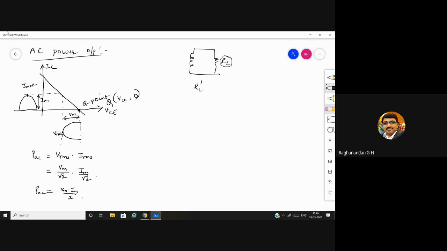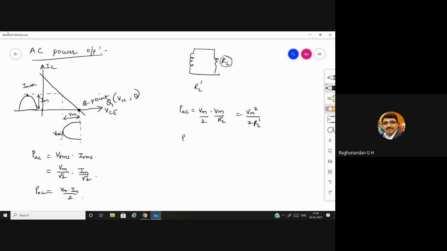Now if I want to write this Vm Im by 2 in terms of voltage only, I don't want Im, how can we write? So PAC is equal to Vm, and to write Im in terms of Vm, I should use Vm by RL dash. This gives Vm square by 2 RL dash.